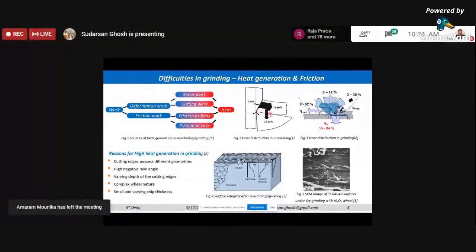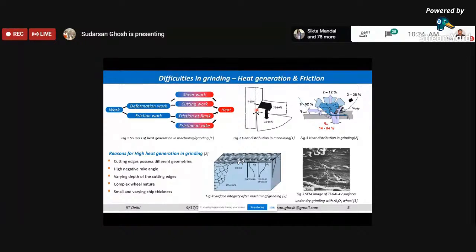If we can put some lubricants on the rake and the flank surfaces, then the friction and the heat generated with the friction can be minimized. Again, for that lubrication, you have to use some external agents to bring about the lubricity aspect.